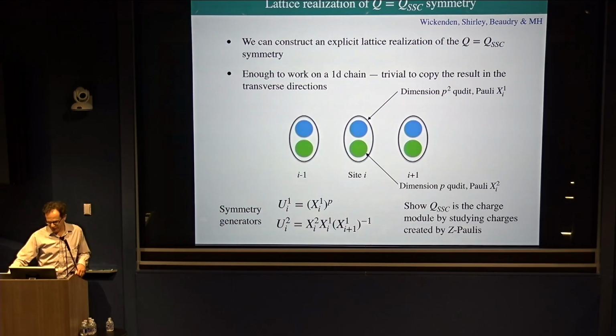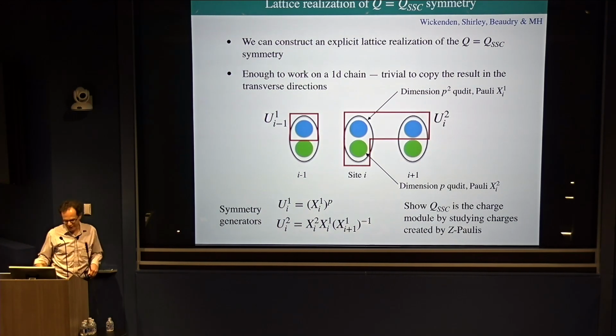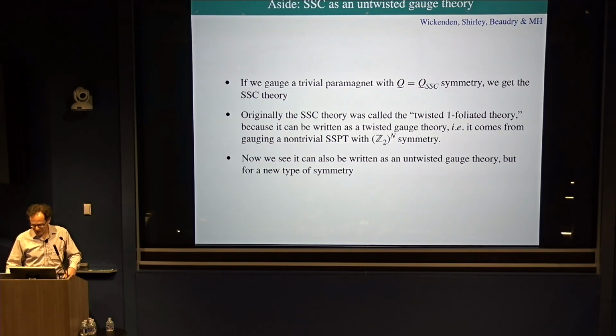So I don't have time to tell you about this, but you can write down explicit symmetry operators for these symmetries, for any of them actually, which is important to convince yourself that you're not fooling yourself just by more abstractly studying their charge modules. You can gauge this symmetry and get the SSC theory as an untwisted gauge theory, which people who worked on it will find to be an interesting statement because it wasn't known how to do that before.